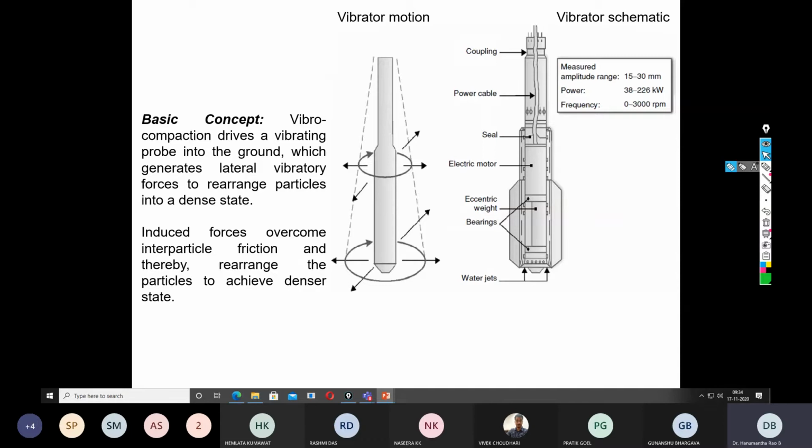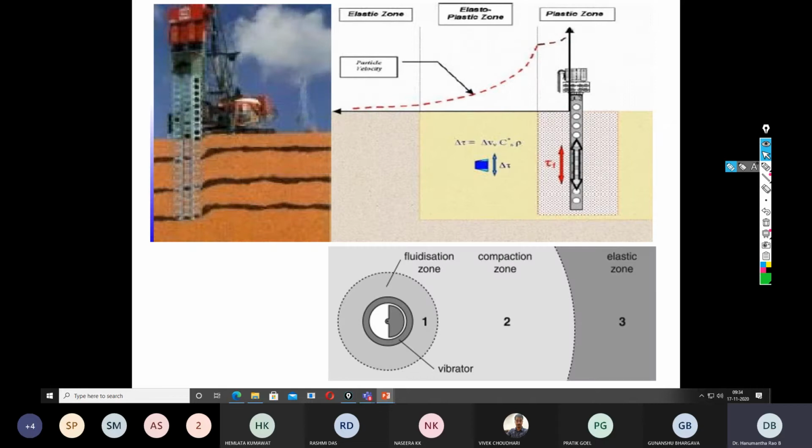Now, depending upon our requirement, as I explained, there are three more terminologies when you talk about vibroflotation. That is, you may go for vibro simple compaction, vibro replacement, or vibro displacement. Depending upon the amount of energy that we apply, there are three kinds of zones that normally form from the center of the probe, as you can see here.